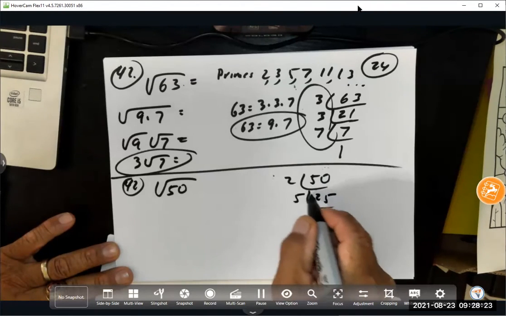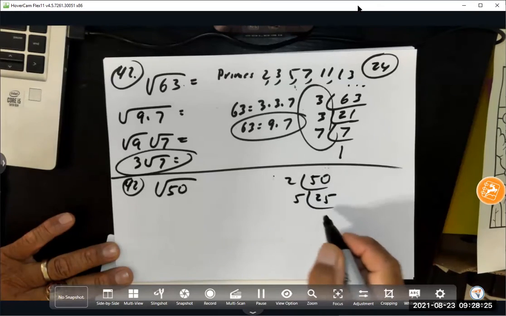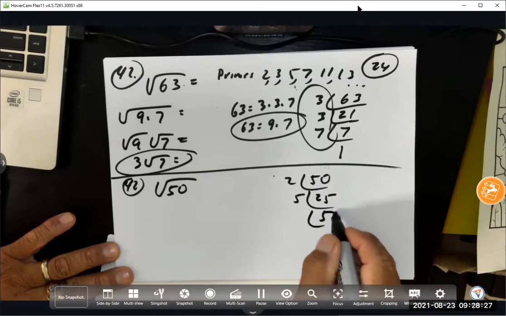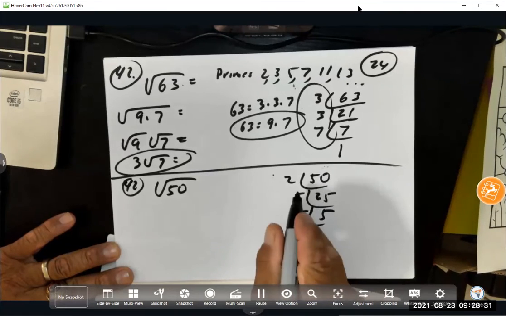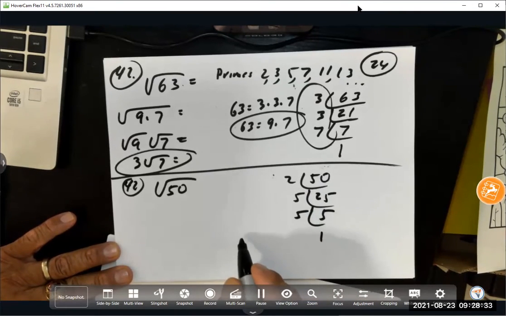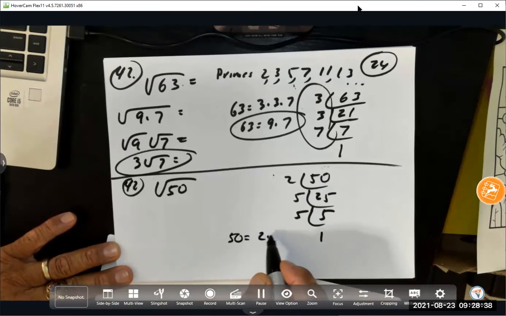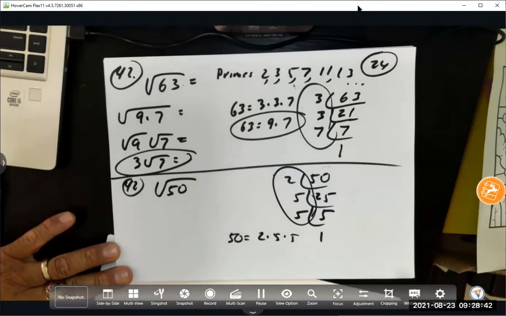Yes. Does 5 divide 25? How many times? 5. And does 5 divide 5 again? How many times? 1. So it looks to me like 50 is 2 times 5 times 5.